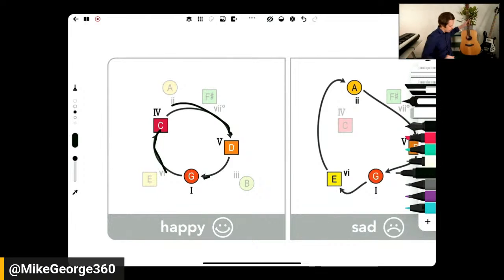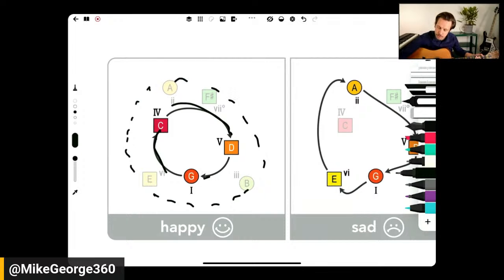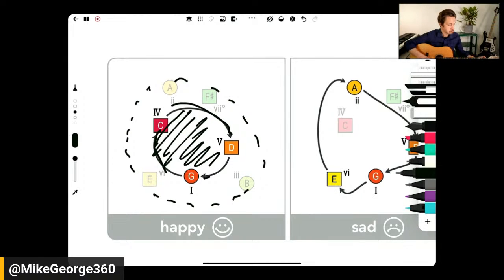So again, we could play G major, 4 to C major, 5 to D major, and we could just totally avoid this outer ring out here of minor chords and diminished chords and just stay within this super safe zone of consonants. And you can't go wrong. Like, that chord progression is going to sound good. And it sounds especially happy because those major chords are more bright and uplifting. They have more of a stable sound, hence the smiley face in this diagram.